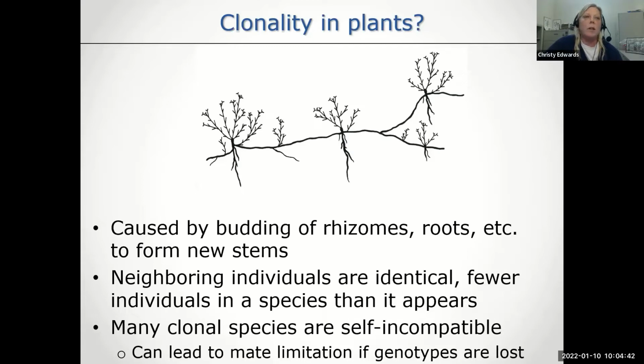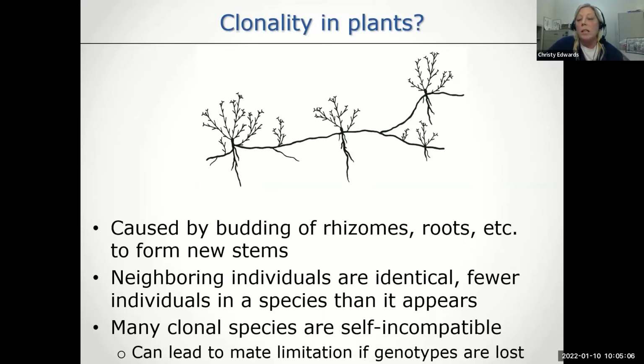But what it means for conservation is that generally you may have a lot fewer individuals in a species than you previously thought. And another thing is that a lot of the species out there that are clonal are also self-incompatible, which means they have a genetic system of self-incompatibility that prevents them from self-fertilizing. They cannot produce fruit.